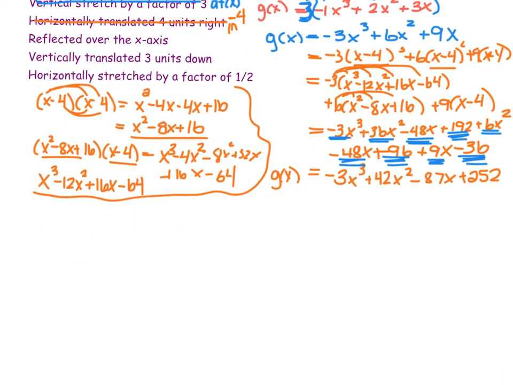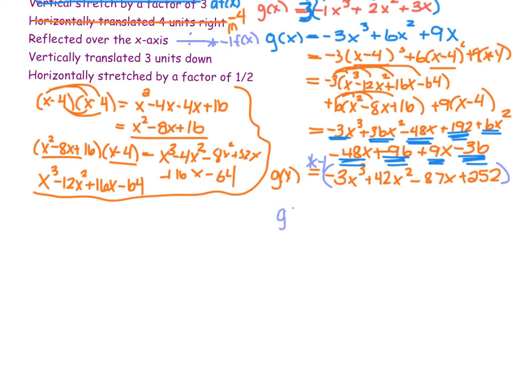And the next thing we're going to do is we're going to reflect over the x-axis. So for this particular problem, this is going to be a vertical translation because it's over the x-axis. So that means we just multiply the outside by a negative 1. So we're going to take everything on the outside here, multiply it by negative 1.